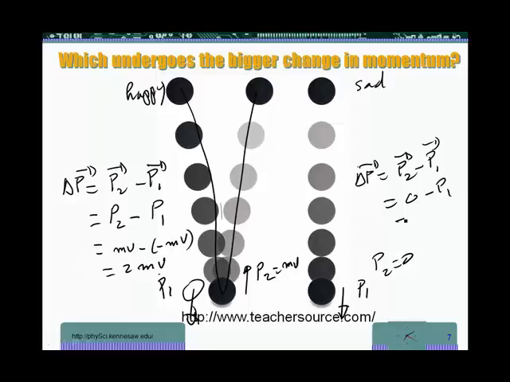And in this case, it's going to be 0 minus mv. So it's going to be just mv. So you notice here that actually the one that does not bounce undergoes a smaller change in momentum or a smaller impulse than the one that bounces.